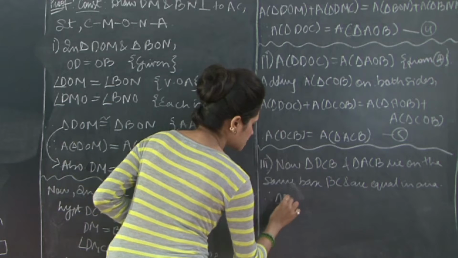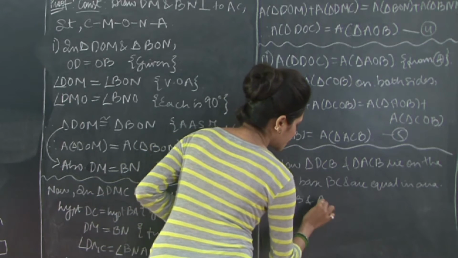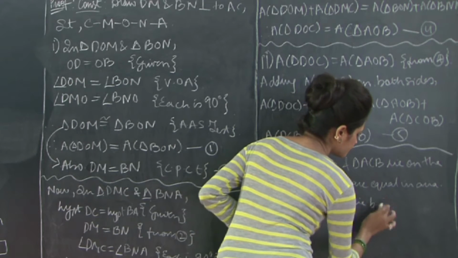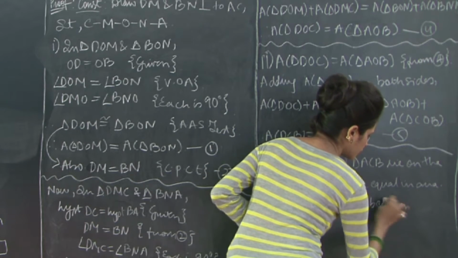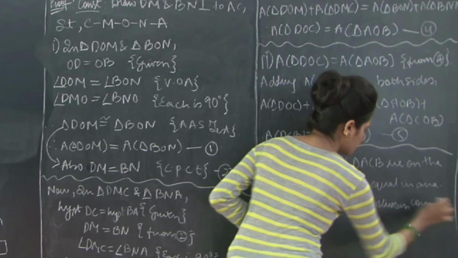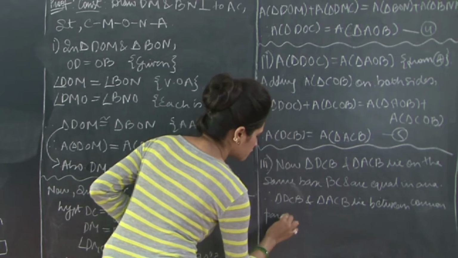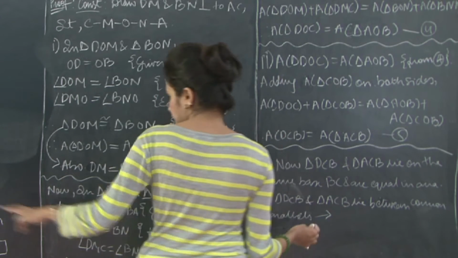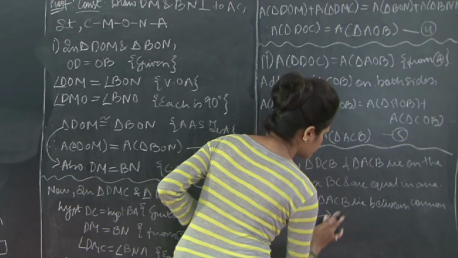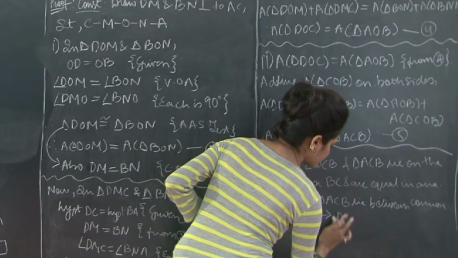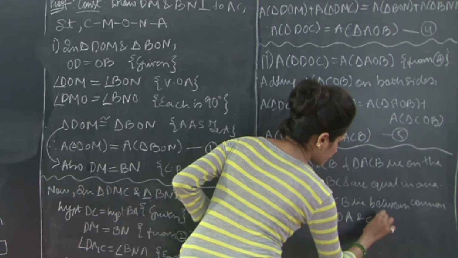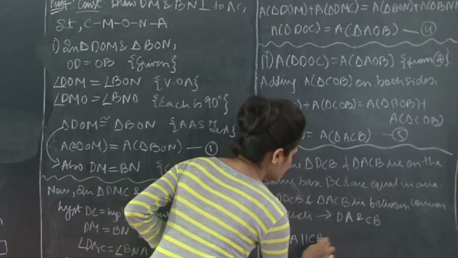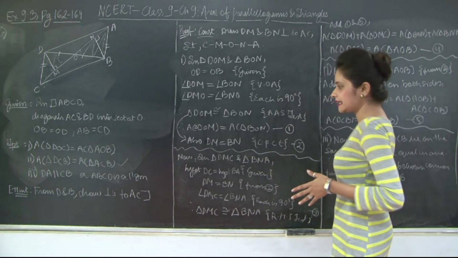Therefore, triangle DCB and triangle ACB lie between common parallels. So, which are my common parallels? DA and CB. Therefore, what can I say? That DA is parallel to CB. So, now I have proved that DA is parallel to CB.